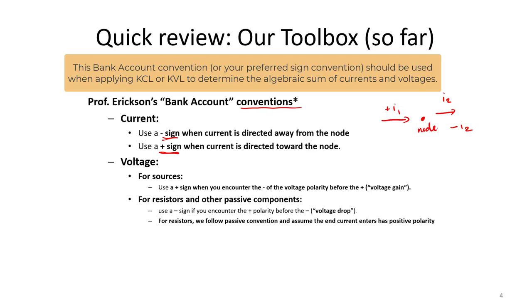You'll remember for voltage, we use a slightly different approach depending on whether we have a voltage gain or a voltage drop. You may recall when we covered voltage sources, if we start from the negative end and walk to the positive end of our voltage source, here we consider that to be a voltage gain.